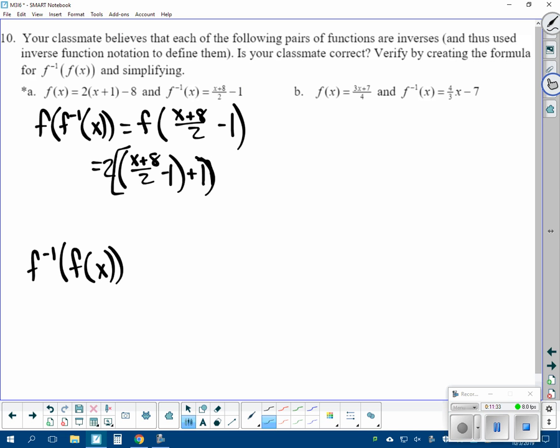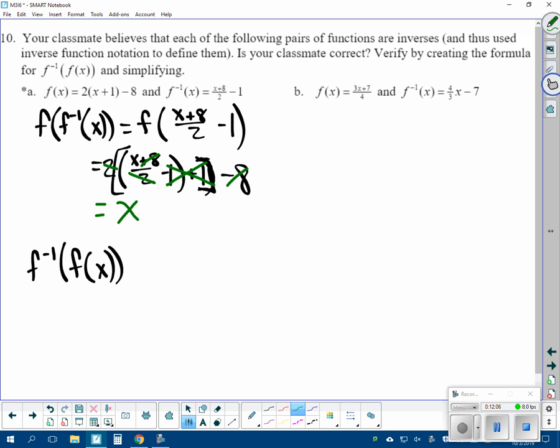Oops, this is a bracket, because it's double parentheses. If you just want to stick with parentheses instead of brackets, that's fine. All right, so simplify it. Well, negative 1 plus 1, those are going to be gone, right? 2 times 2, well, or 2 over 2, that's gone. And x plus 8 minus 8 is just going to leave you with x.